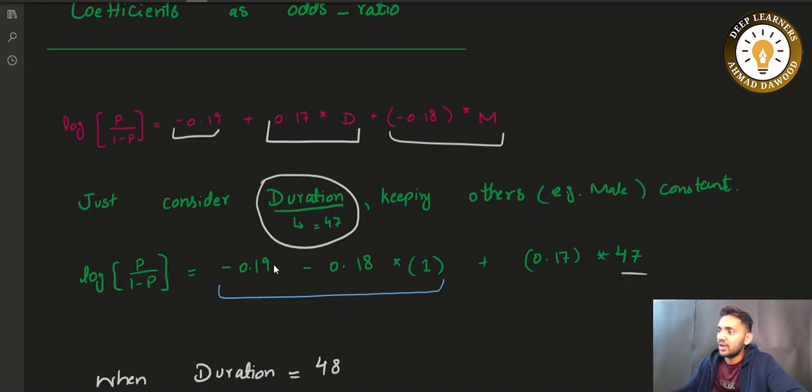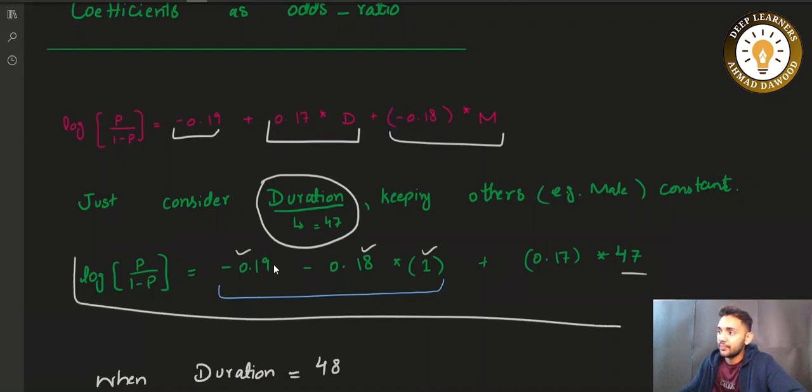You have passed the duration, and all the remaining terms like minus 0.19 stay as they are, 0.18 for the male, and here you have passed male equal to 1. Now you have this type of equation here.